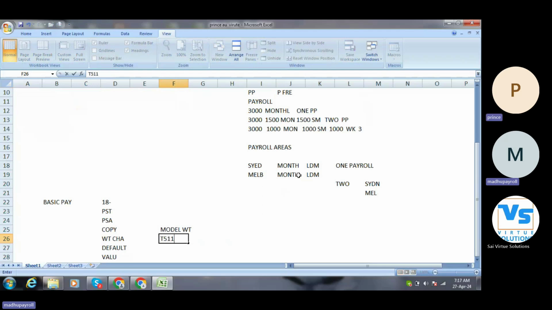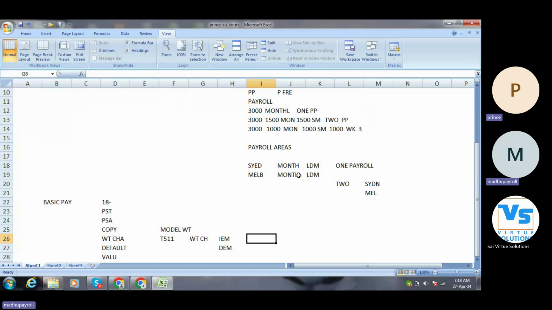Then the T511 table. T511 table means wage type characteristics. In Indian payroll, or any country payroll, there is an indirect evaluation module and a direct evaluation module. What is indirect evaluation module? Whenever you enter a wage type in the infotype, the amount is entered by the system.